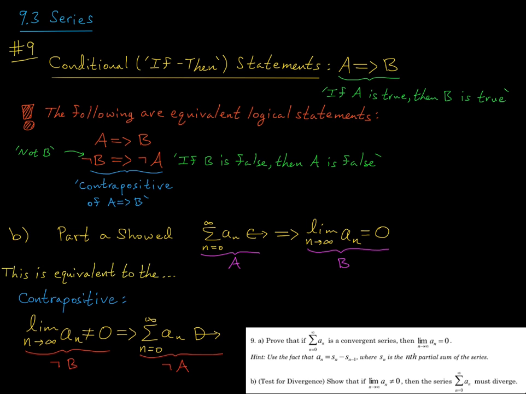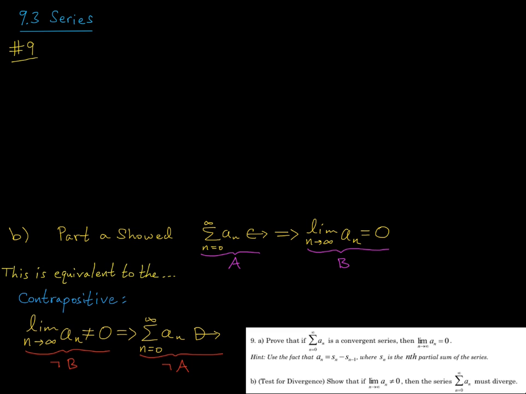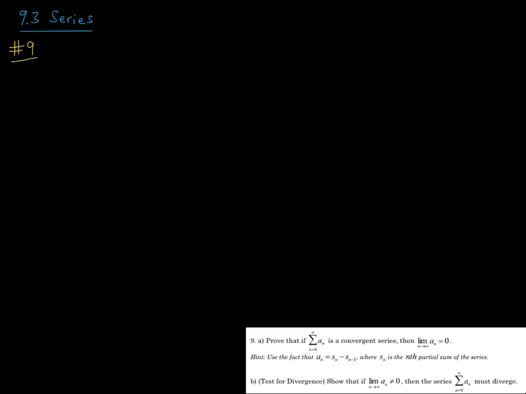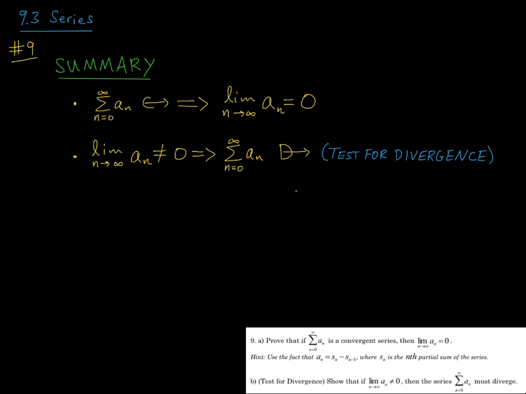All right, so to summarize, a lot going on here. But in summary, we have two key results that we're going to refer to down the line. The first, this is part A, says that if you know that a series converges, then it must be the case that a sub n approaches 0 as n approaches infinity.